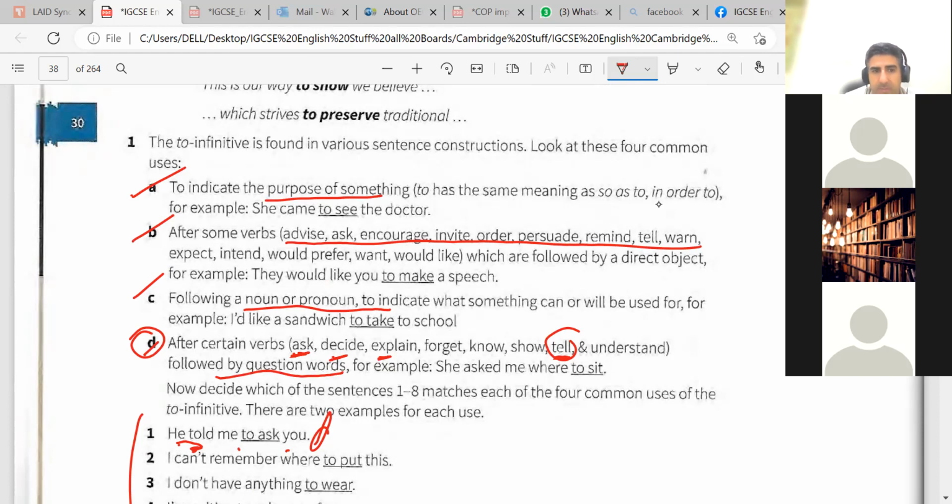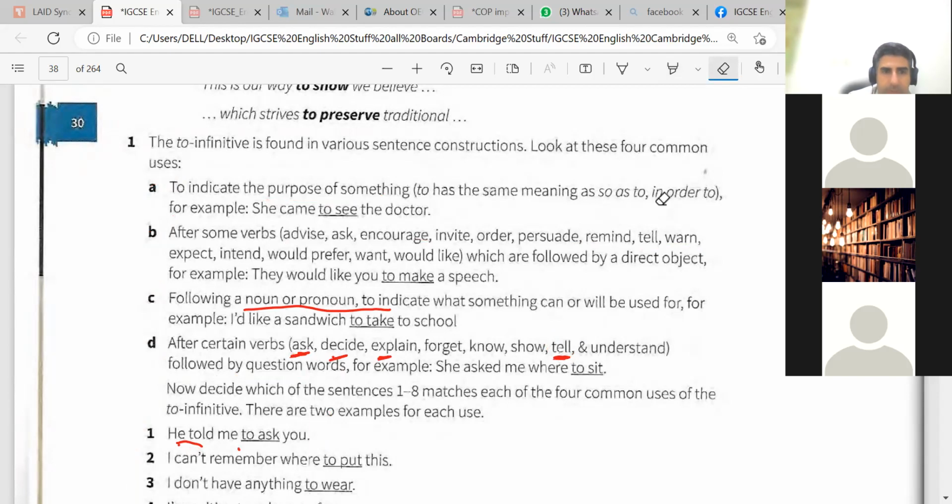Like this one. He told me to ask, Jury. Here, to ask, to infinitive. Which function suits this statement? Why do you write here to ask?